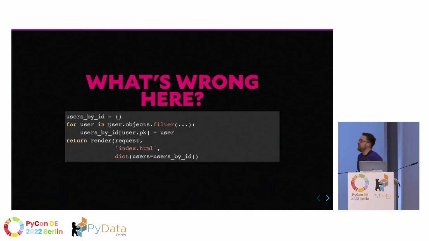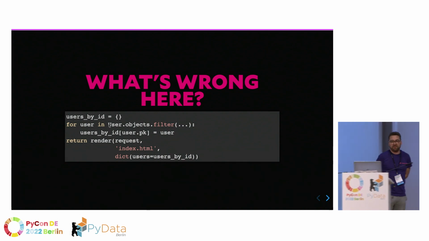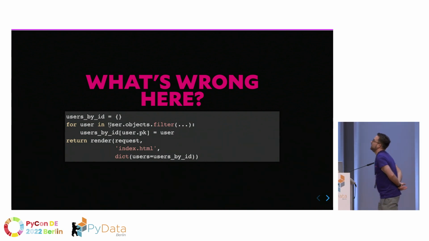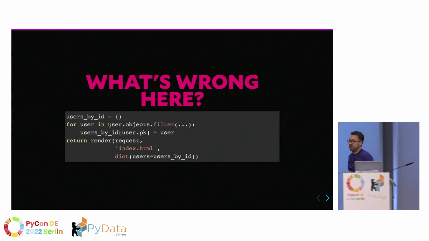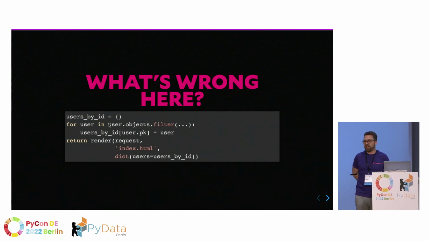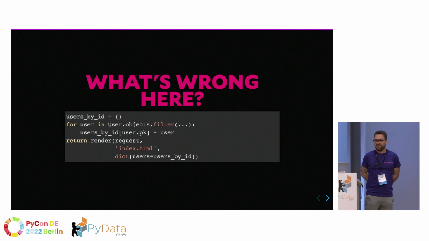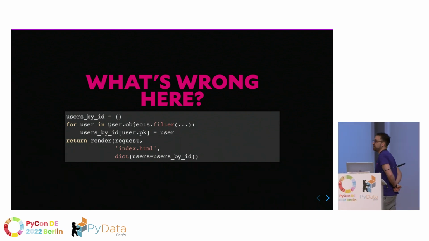So what's wrong here? Let's say you have a template, and this template expects, for whatever reason, a dictionary with the user IDs as keys and the user objects as values. And you are building this dictionary in your view, and you try to give that to the template. So what could we do better here?